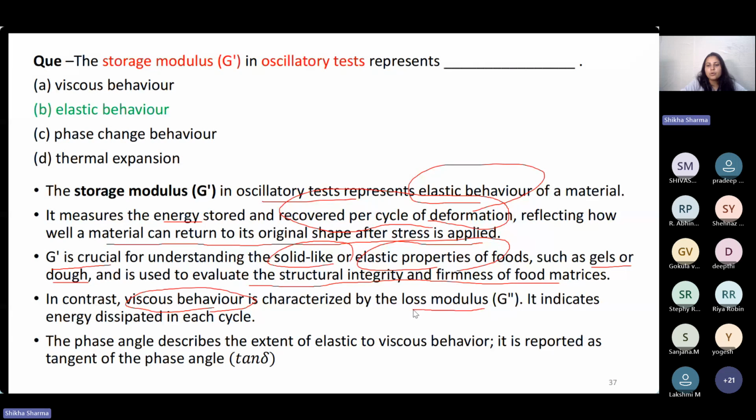G double prime is the loss modulus, and it tells about the energy dissipated in each cycle.